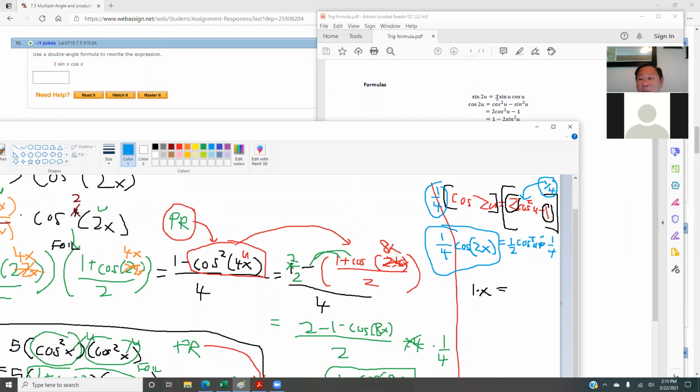So we need to change that 3 to become 2. This is sine 2x. So how do you change this 2 to become a 3? What number do we need to multiply here? When you multiply, you will get 3 cosine x sine x.